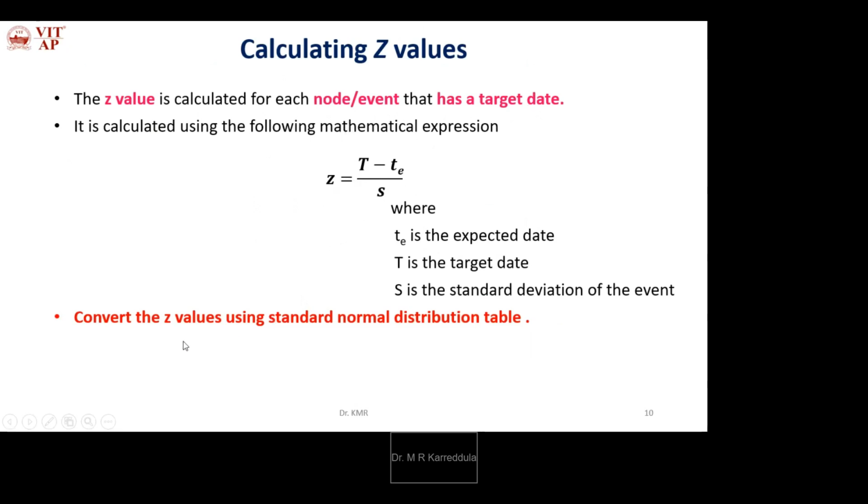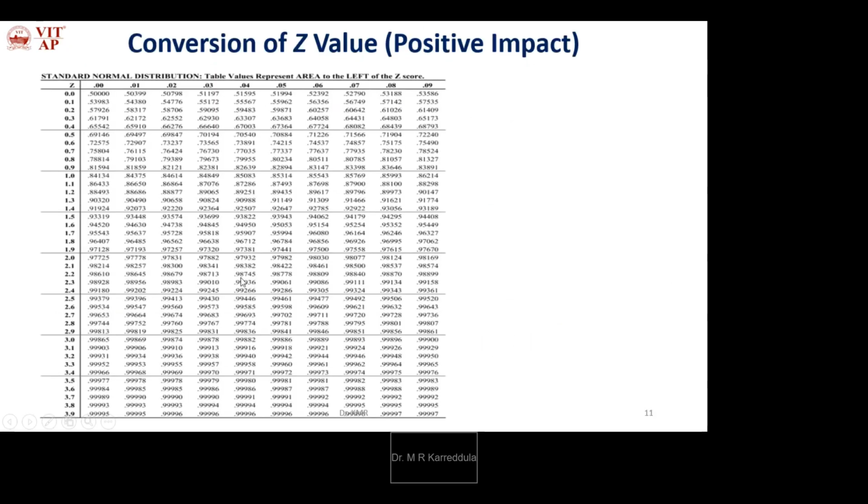Once you calculate the Z value, you need to convert it using the standard normal distribution table. This is for positive impact, and the same way for negative impact.